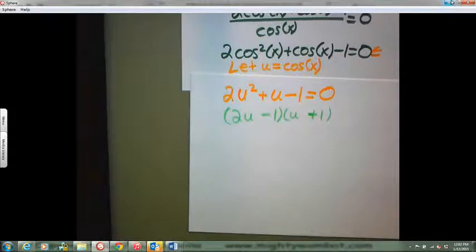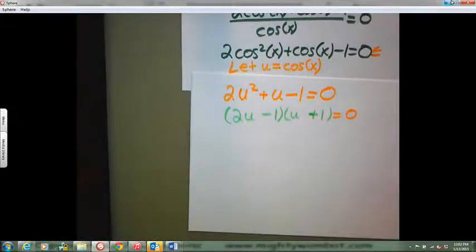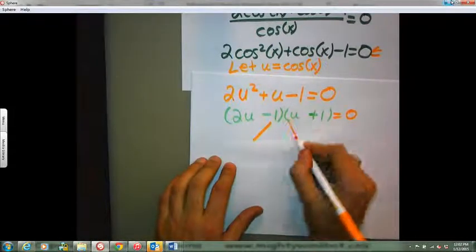And of course, this is still equal to 0. And just like Mr. Kurtz literally just said a second ago, split it up and set each factor equal to 0.